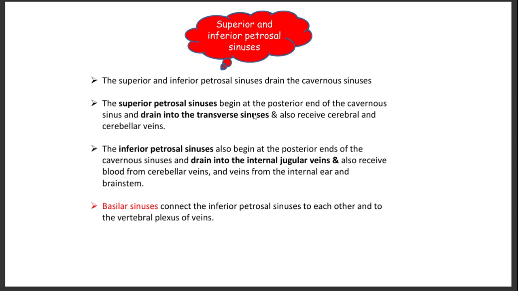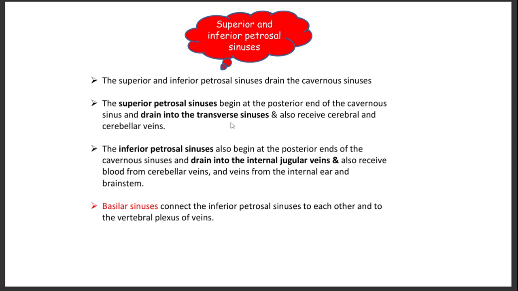The superior petrosal begins at the posterior end of the cavernous sinus and drains into the transverse sinus and also receives cerebral and cerebellar veins.